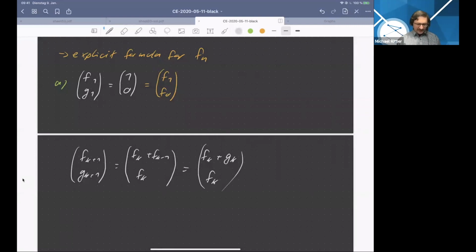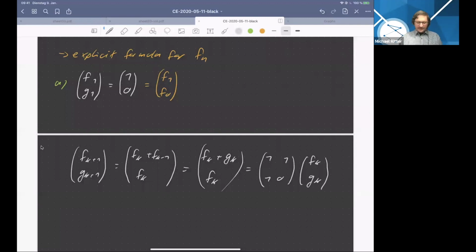Like this. And that means we can write this as a matrix vector product. This matrix vector product has the form 1, 1 for the first row, and 1, 0 for the second row, and then we just multiply with the vector fk, gk.